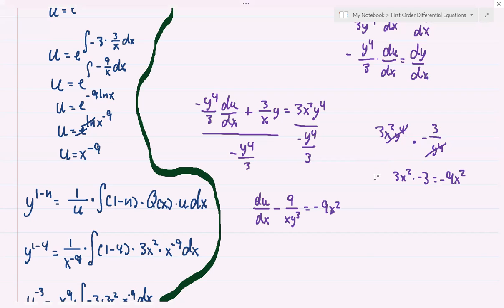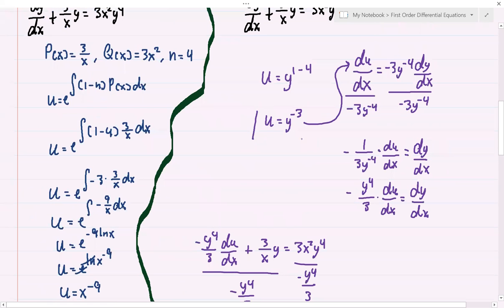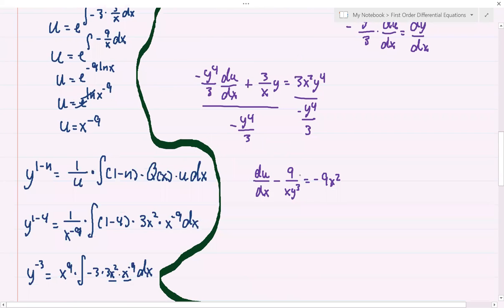We're not done yet, okay? Because as you can see, your u is equal to y raised to negative 3. So we can have your u here. First, I will decompose this fraction into two factors of the product of the denominator. Basically, I'll separate these variables.